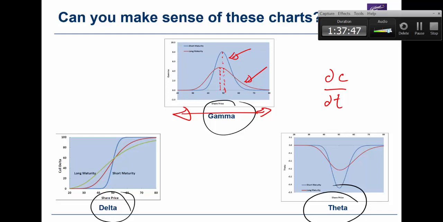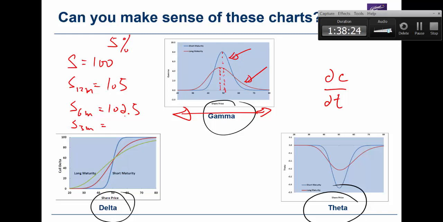The reason the peak is changing is that your forward price is changing. What do I mean your forward price is changing? If your spot price is 100, and the interest rates are 5%, your 1 year forward price is 105. But your 6 month forward price is what? 102.5. And then your 3 month forward price is 101.25.